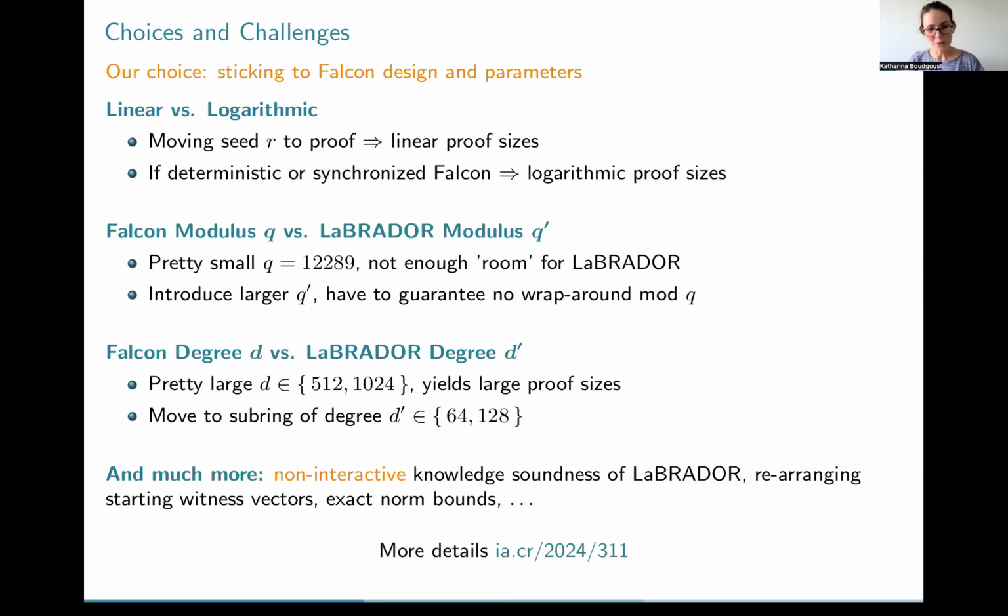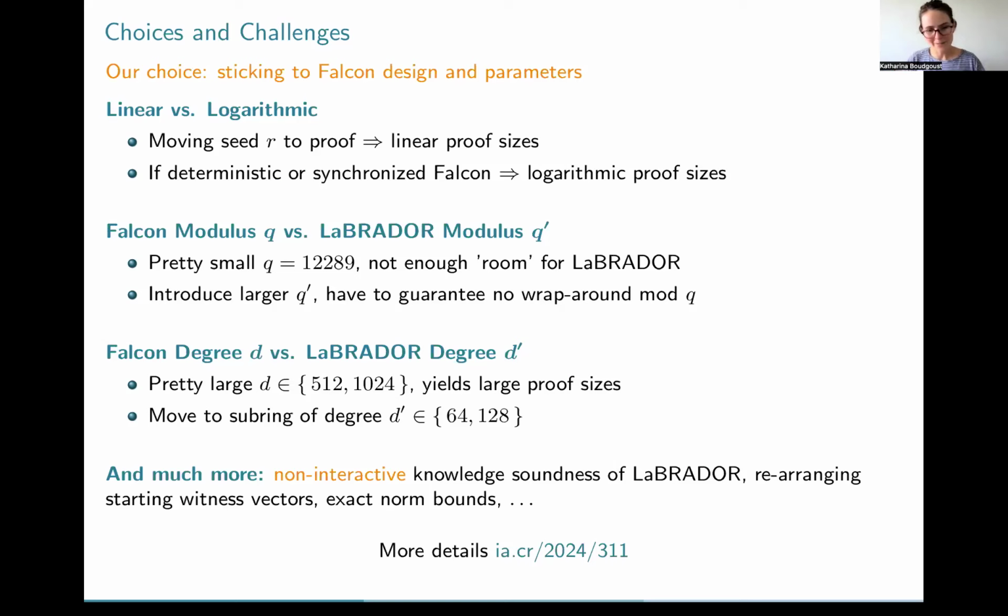And there's actually much more in the paper. I guess the most important proof piece, but it's not so relevant for my talk today, is that Labrador, as published last year at Crypto, doesn't come with non-interactive knowledge soundness. So it was only provably secure as an interactive argument of knowledge.